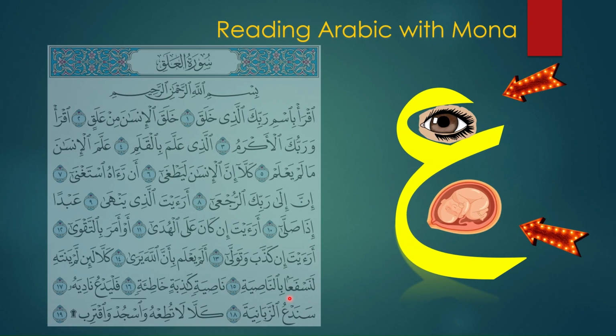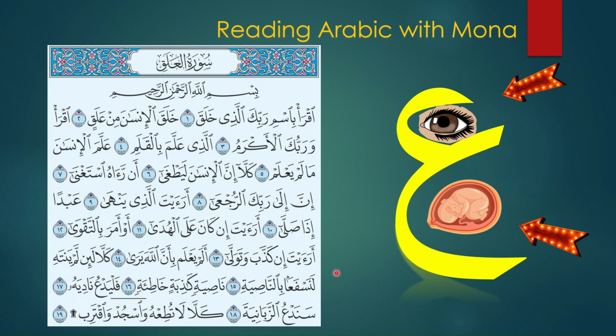And did you know that the very first chapter or surah in the Quran revealed to the Prophet Muhammad, peace be upon him, was called Surat Al-Alaq, a whole story named after this piece of blood that plunges into the womb to start a life. I hope this connection makes sense to you.